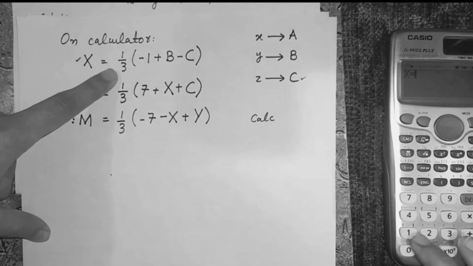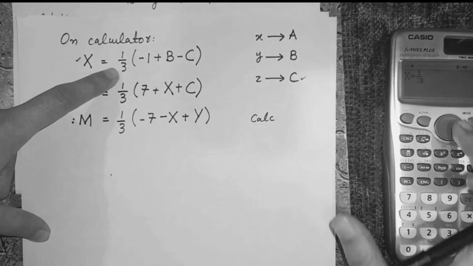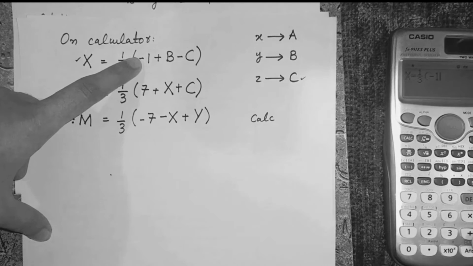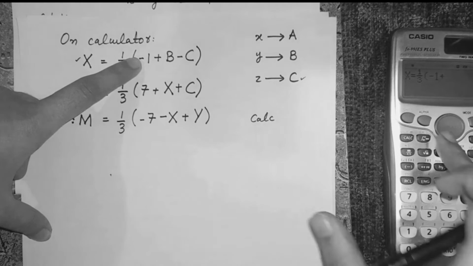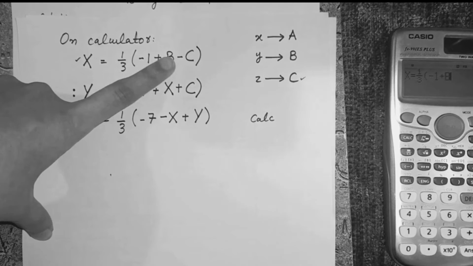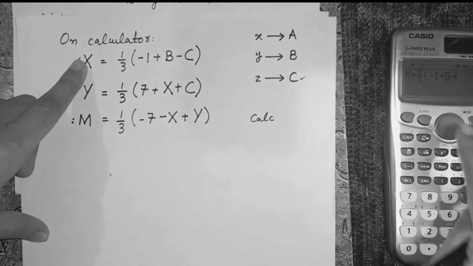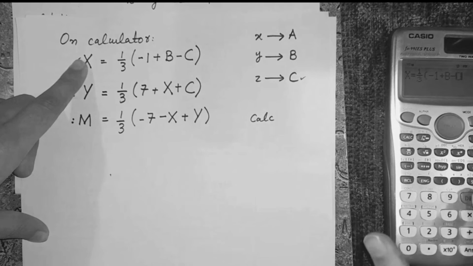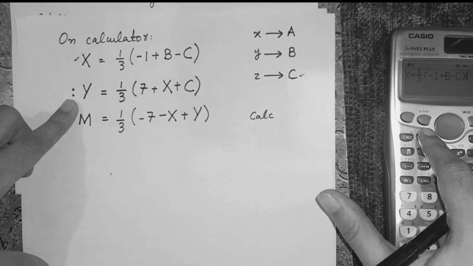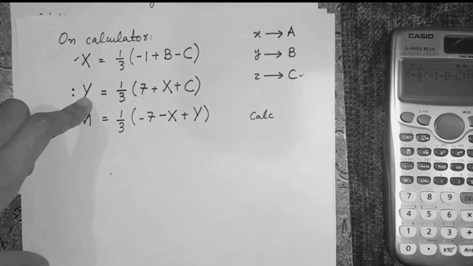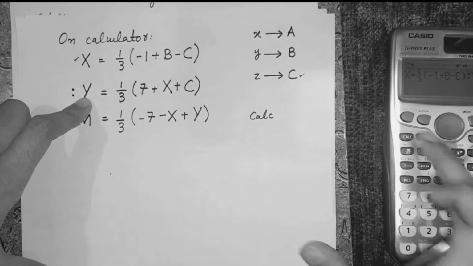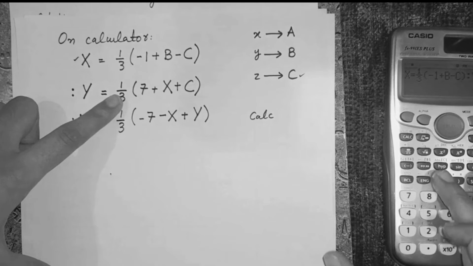Now we have to write 1/3 bracket negative 1 plus B. So for that again press alpha and B. Now we have to write negative of C. Negative alpha C. Close the bracket. Put a colon sign. For that press alpha, here it is colon.